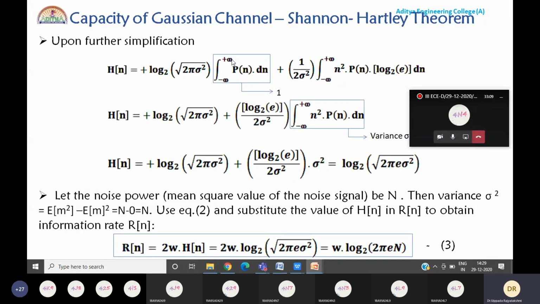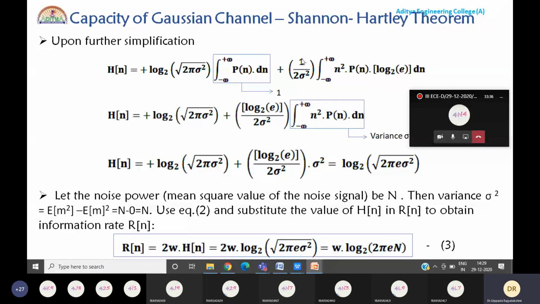Now integral from minus infinity to plus infinity p of n dn. If you observe this value, this is the sum of all the probability values, and the sum of all the probability values of a particular event is 1. So you can replace integral from minus infinity to plus infinity p of n dn with 1.